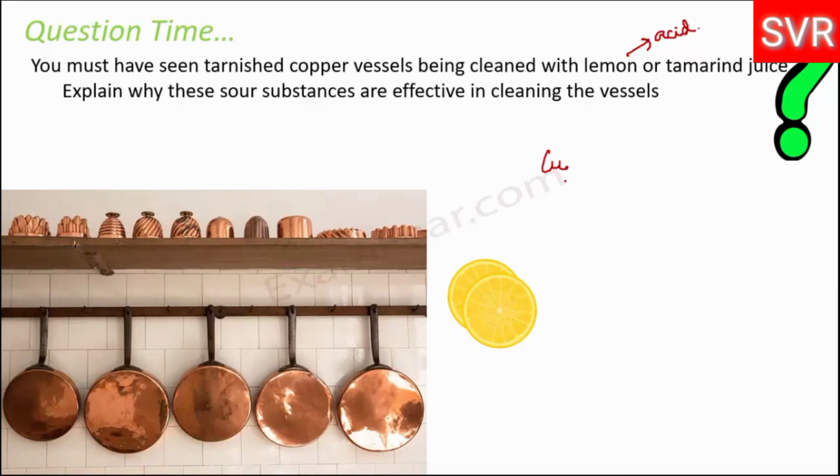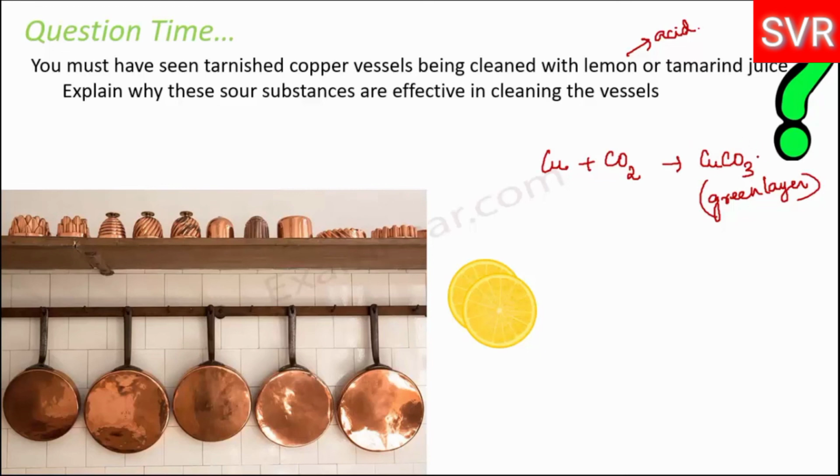But over a period of time, as it reacts with carbon dioxide, it forms copper carbonate, which is seen as a green layer on the copper vessels. You must have seen these green patches or green layers over copper vessels once they become old. So this green layer is because of this reaction.